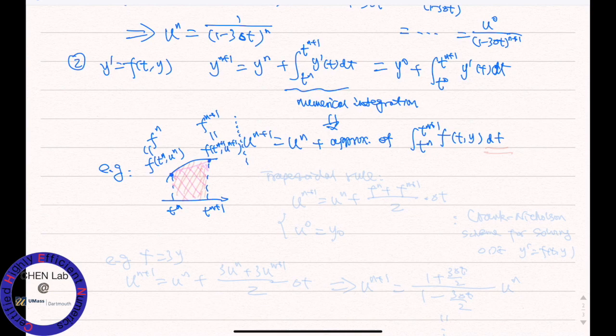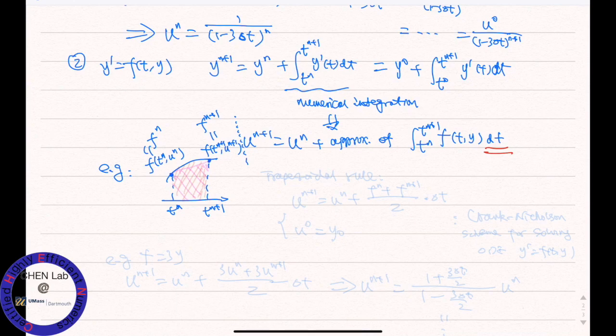So it's approximated to the whole f, because f is a function of t as well. F is a function of t and y is a function of t. So if you get a solution of y, then f is a function of t. So f has a value at t_n, f has a value at t_{n+1}. And we need to integrate. Remember, the integral is about t because the whole derivative is with t.